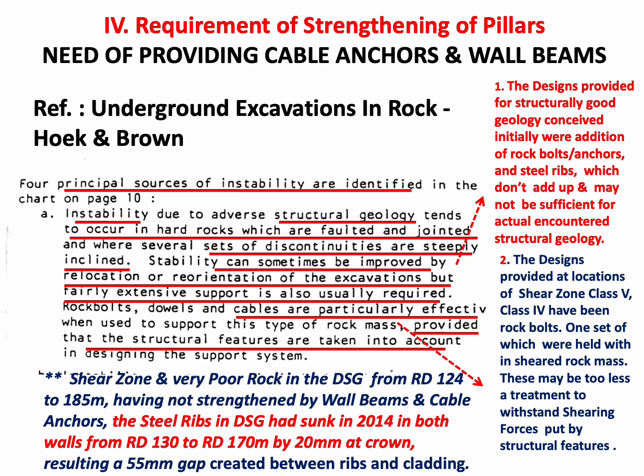So effectively only one set of the rock bolts were getting effective, and they may be too less to provide a strength to the pillar to the kind of stresses they would be subjected to, because they will be subjected to shear, not a longitudinal stress, but a shear stress.